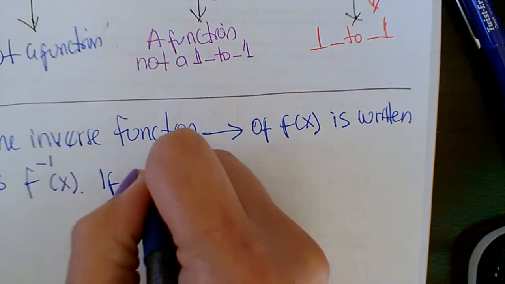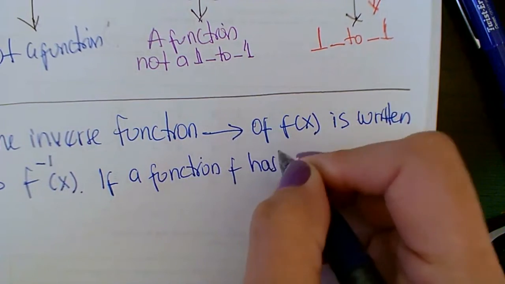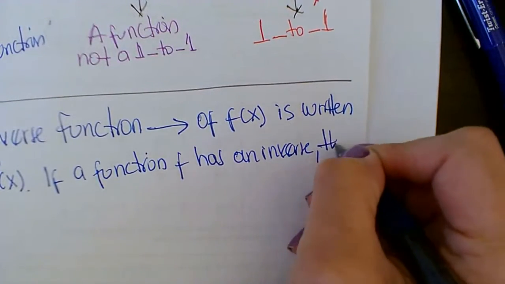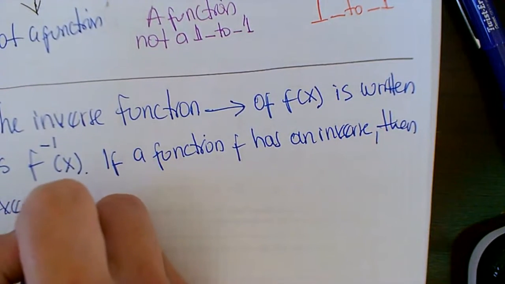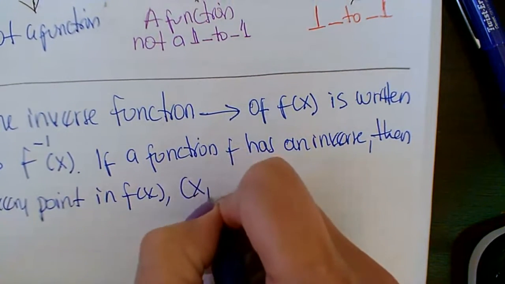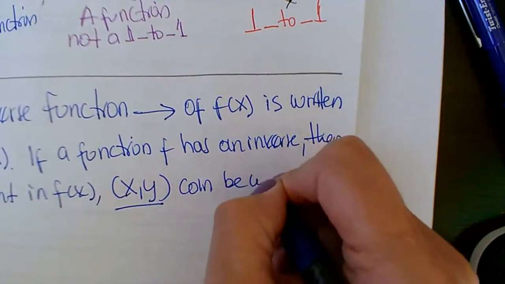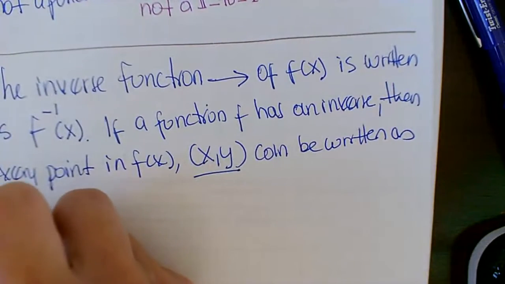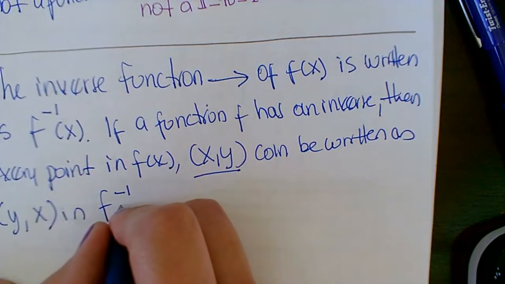So if a function f has an inverse, then every point in f of x, in x and y, can be written as y, x in f inverse.